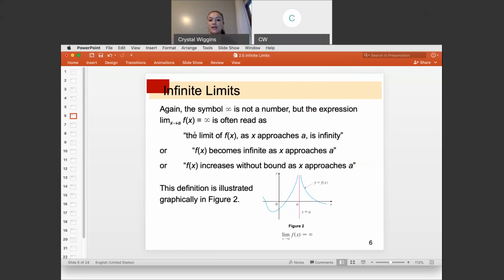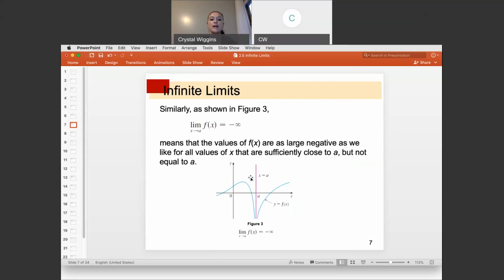English-wise, what we're saying is that the limit of f of x as x approaches a is infinity. It's good for you to know how to translate mathematical symbols because, as mathematicians, we like to write very concisely, but we also need to make sure that we know how to read our symbols.